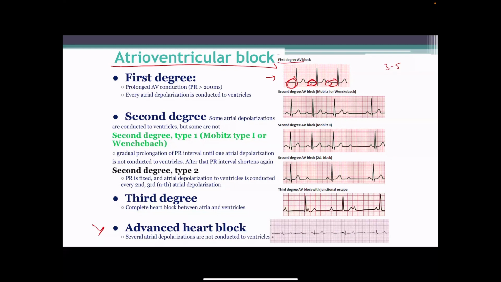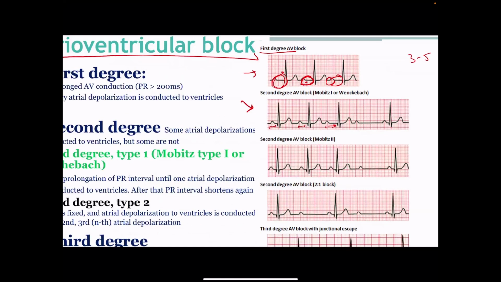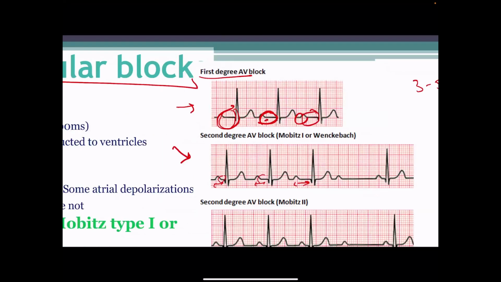That's first degree. The second degree is further divided into type 1 and type 2, okay? Second degree type 1, which is called Mobitz type 1, is where the PR interval starts getting bigger with each contraction. See here how the PR interval was small, then it got bigger, then it got even bigger, okay?